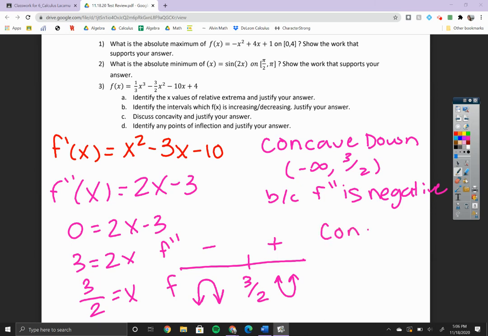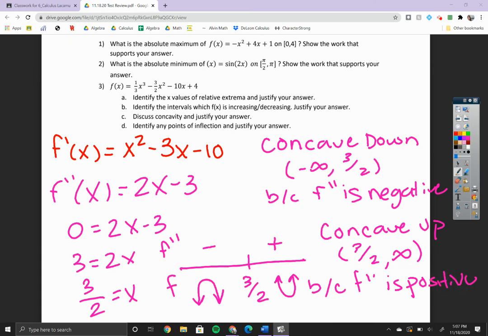And it'd be concave up on the interval from 3/2 to infinity, because f double prime is positive. Sorry for my ugly handwriting.